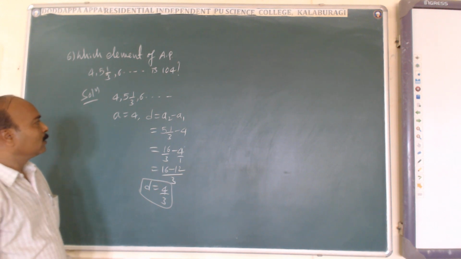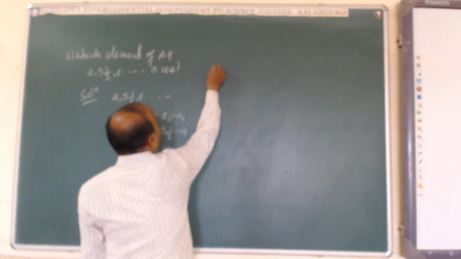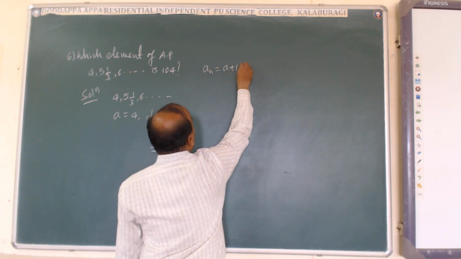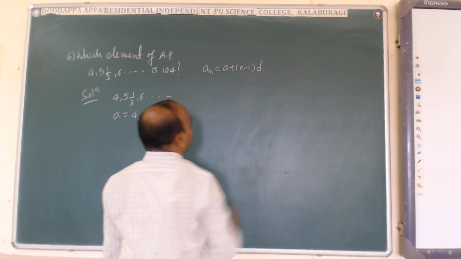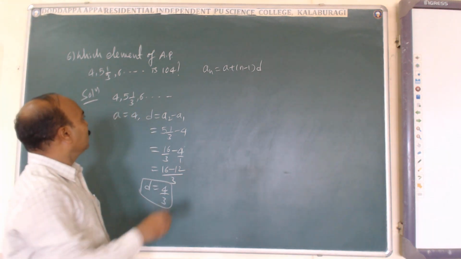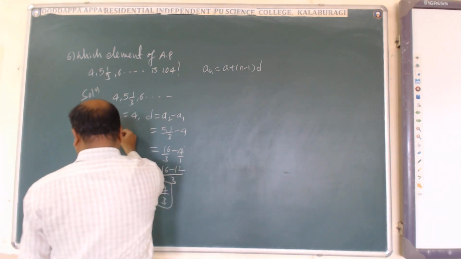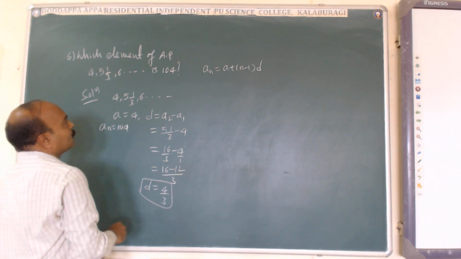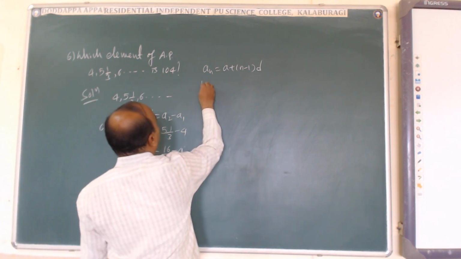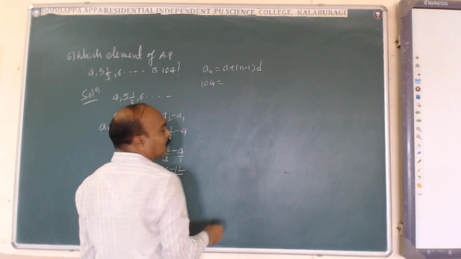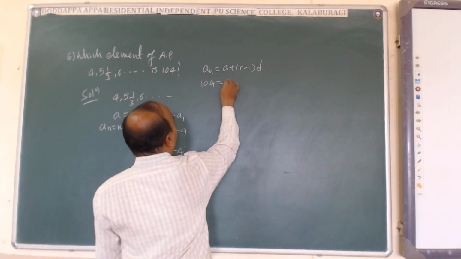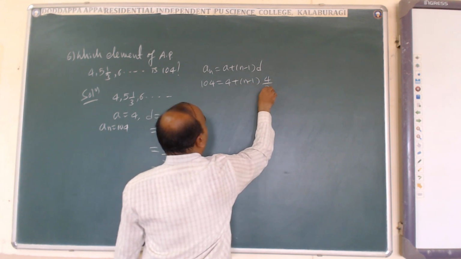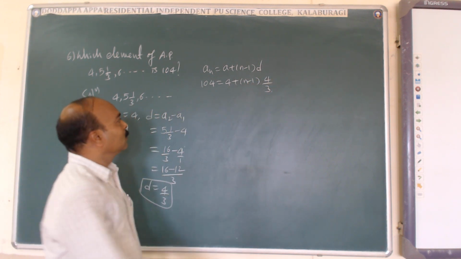Next we go for the an formula. an equal to a plus (n minus 1) into d. an is given already, an equal to 104. So substitute that 104. The a value is 4 plus (n minus 1), the d value is 4 by 3 as it is.